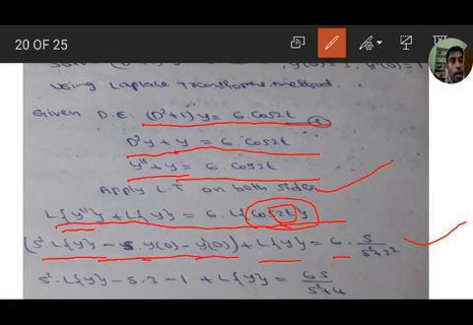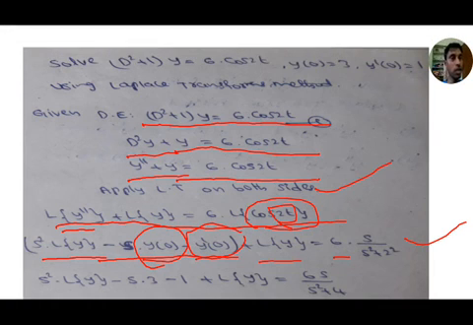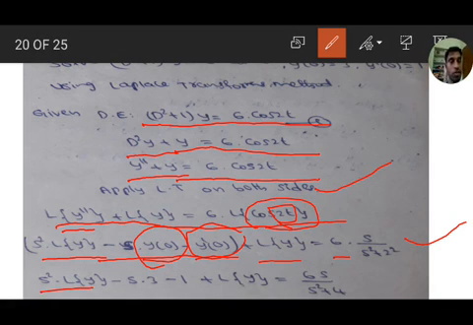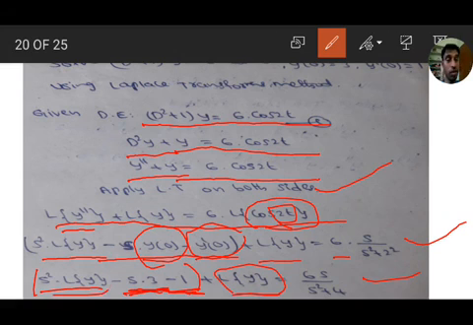Next, replace the values y of 0, y dash of 0 using the conditions y of 0 equal to 3, y dash of 0 equal to 1. So s square L of y minus s into 3 minus 1. This is the same. Next, L of y equal to 6 s by s square plus 4. So here we get 3s, and here minus 1, and here the L of y terms.